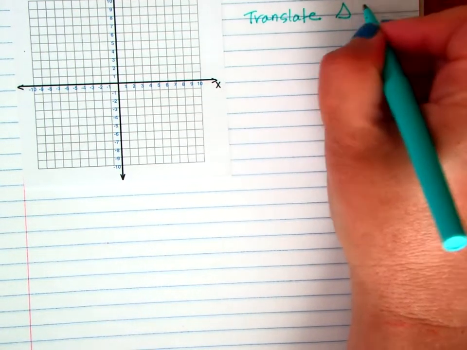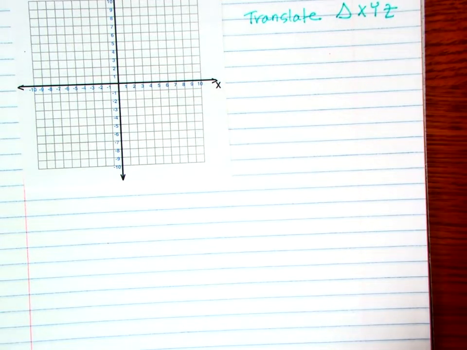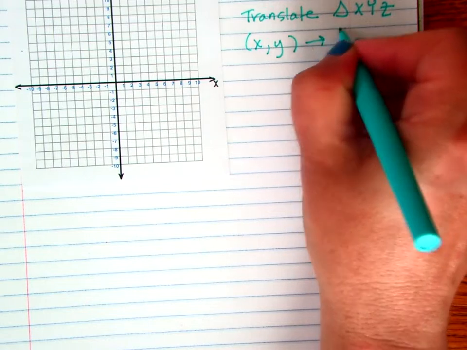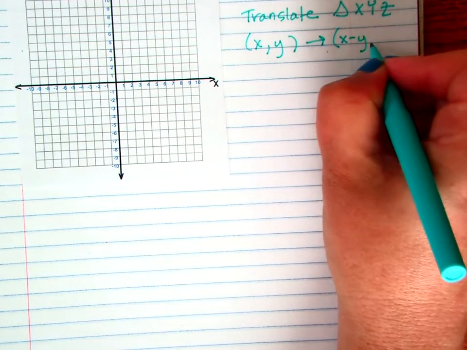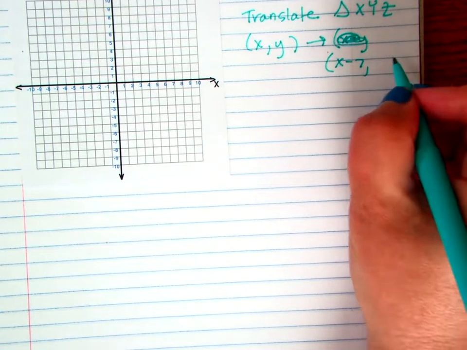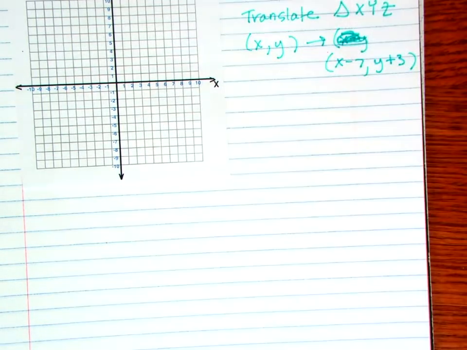I'm going to do triangle XYZ, and this time I'm going to write the translation as (X, Y) to X minus 7, oops, excuse me, X minus 7, and Y plus 3. There we go. Writing a 7 rather than a Y would be helpful.